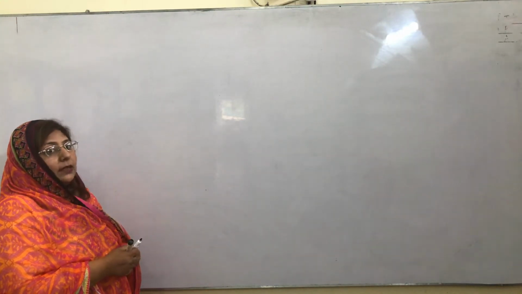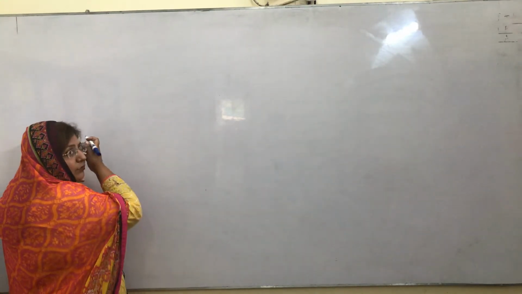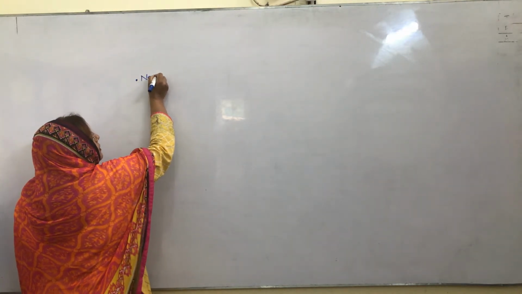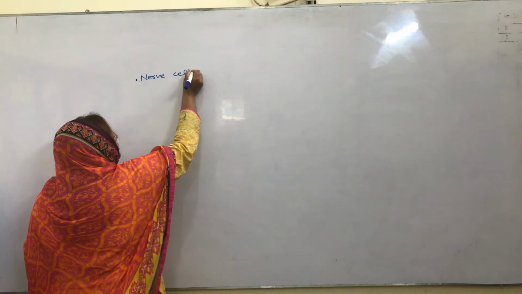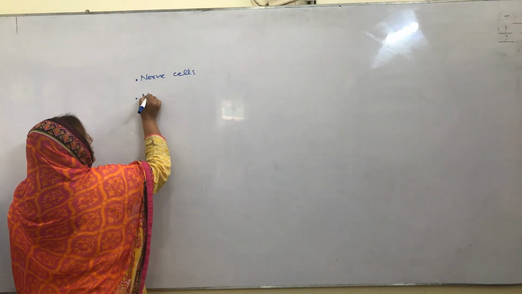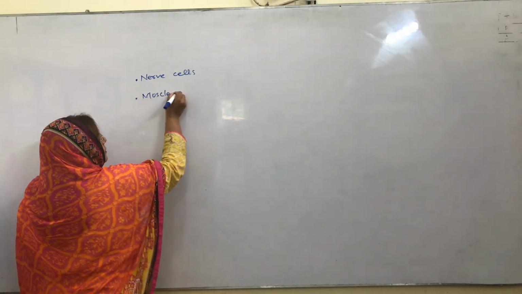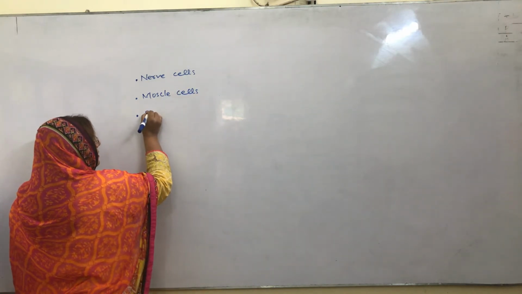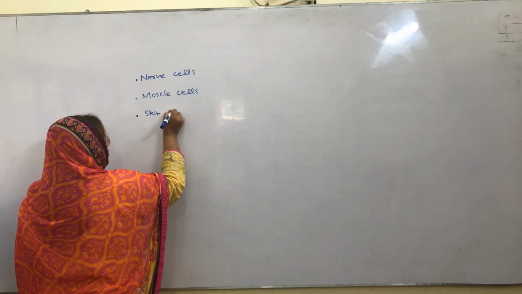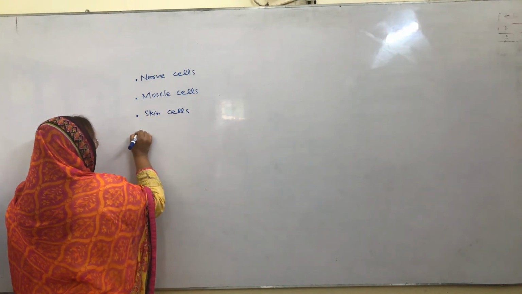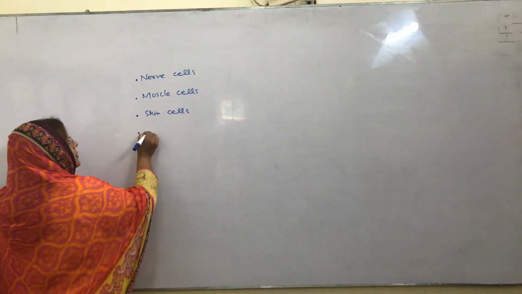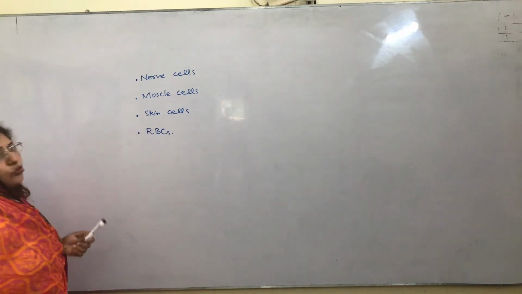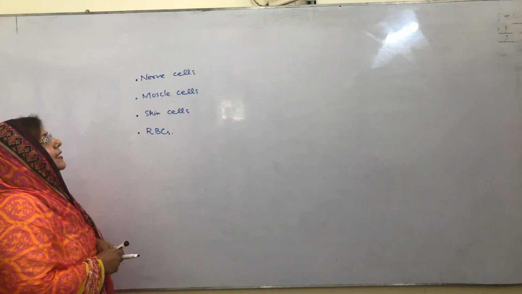In our body, the main important cells which we discuss again and again are nerve cells, muscle cells, skin cells, and red blood cells. So these are the main important cells in our body.